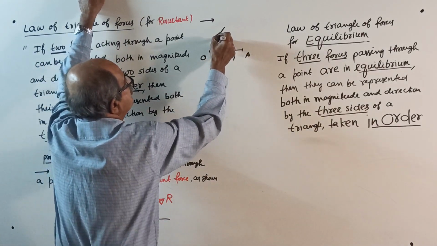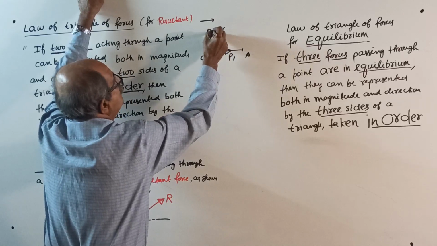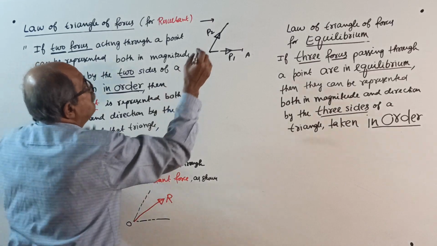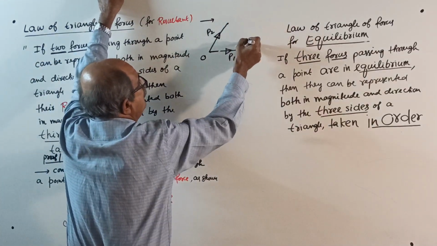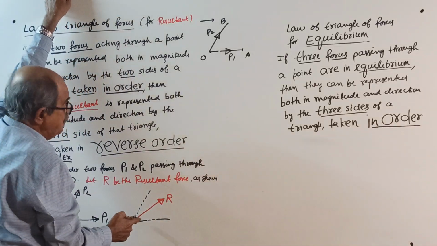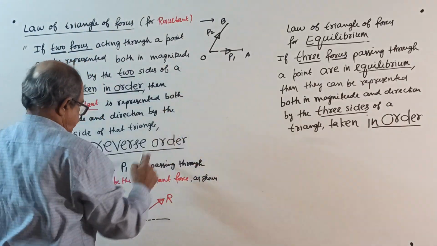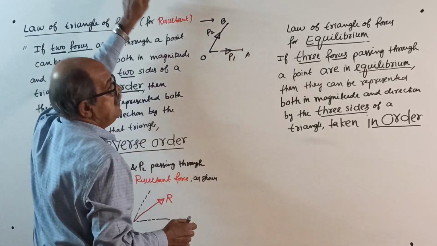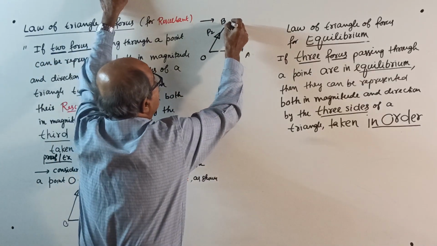It's a small sketch here, space problem. P2 by OB. Now, complete OA, OB. After all this, you should write represent P1 by OA, represent P2 by OB. Complete the parallelogram.